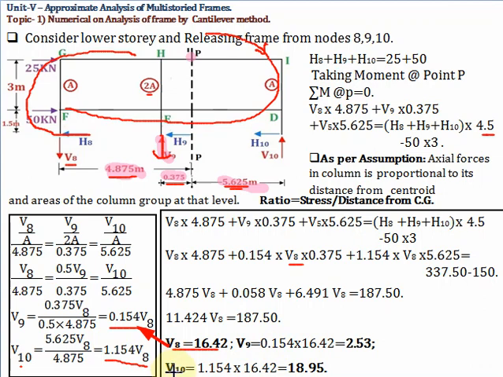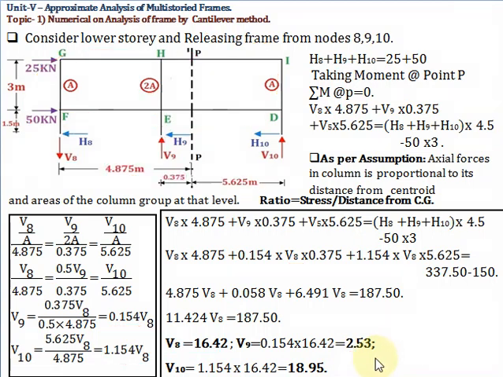Now put the value of V8 in the second equation: 1.154 into 16.42 gives 18.95. So 18.95 is the value of V10 and 2.53 is the value of V9.